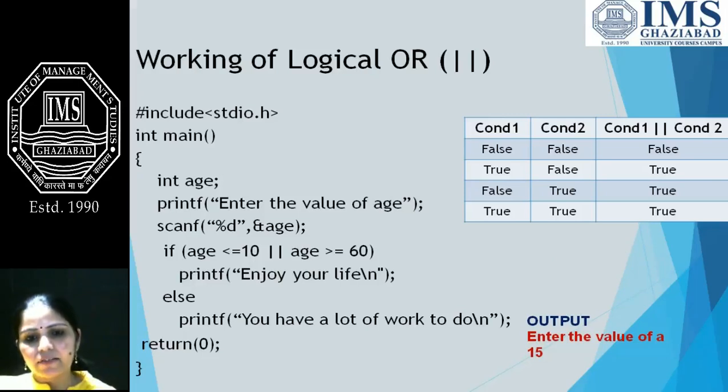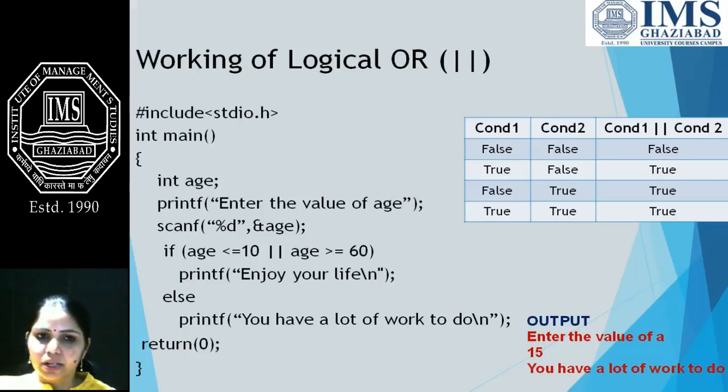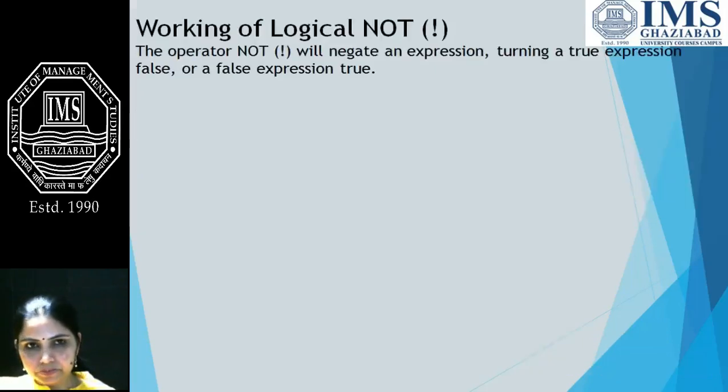Now since I have entered 15, this age is neither less than 10 nor greater than 60. Both the conditions are false. It would print you have a lot of work to do. That means logical and, logical or operators work on the basis of these truth tables, and according to these truth tables it would provide us the result.